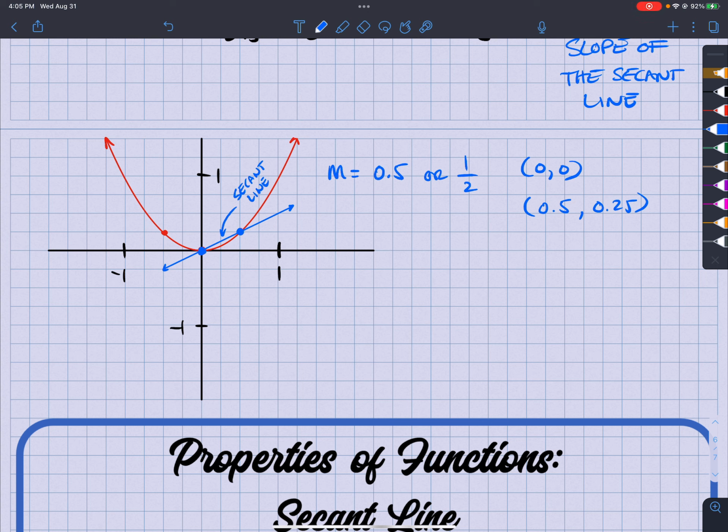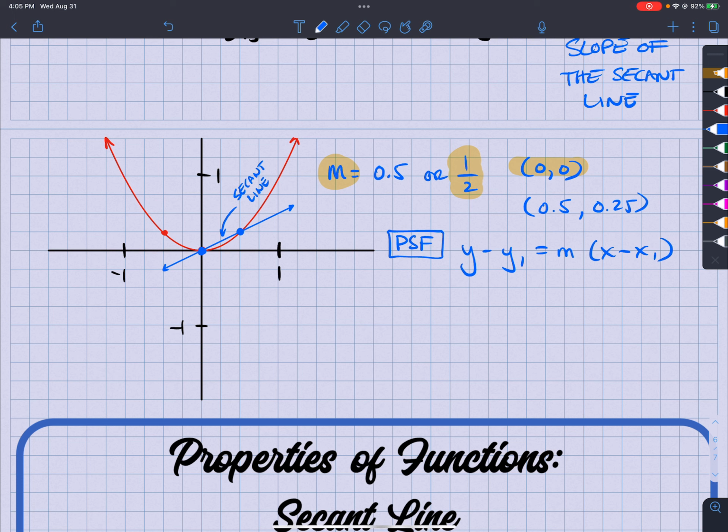Well, the easy one would be to use 0, 0. So let's go ahead and do that. So I have the point-slope form, which is y minus y1 is equal to m times x minus x1.